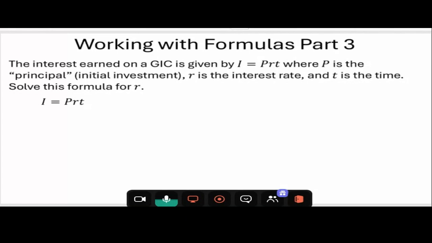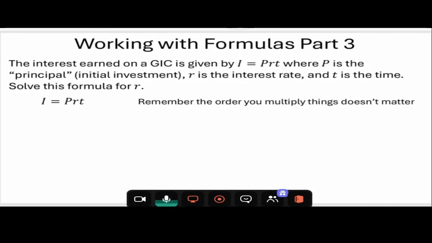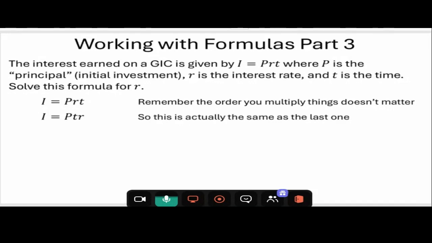So we've been asked to solve this formula for R. Now, what I'm going to remind myself here, you see the R is stuck in the middle there, but remember that if three things are being multiplied, the order that you multiply them in doesn't matter. So I could easily just switch that R and that T. Sorry. And that's the same equation. P times R times T is the same as P times T times R. And now I've actually made it exactly like the last one.